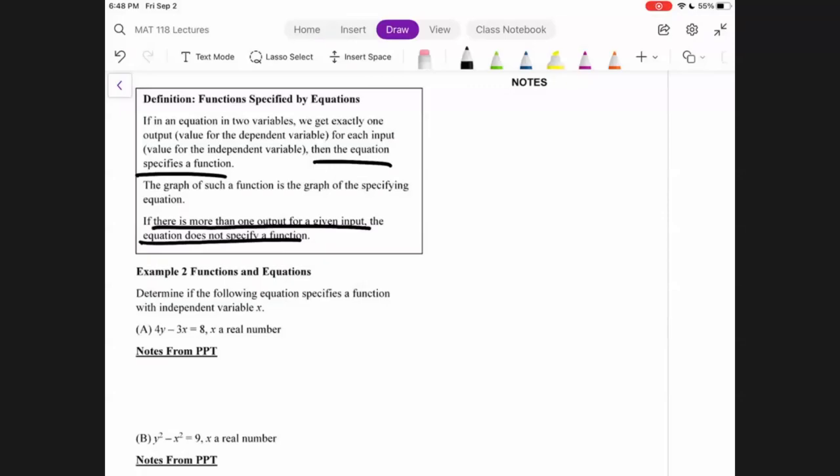Usually you want to solve for y, or you could use the shortcut I taught you: if y is raised to the first power, so look at y, this is y to the first, so it's fine. It's a function.